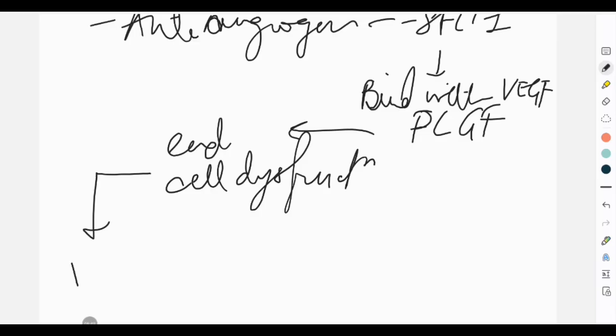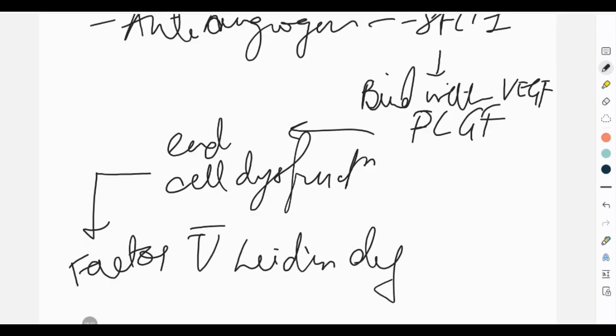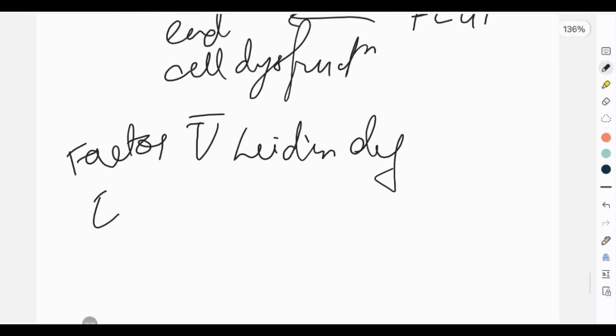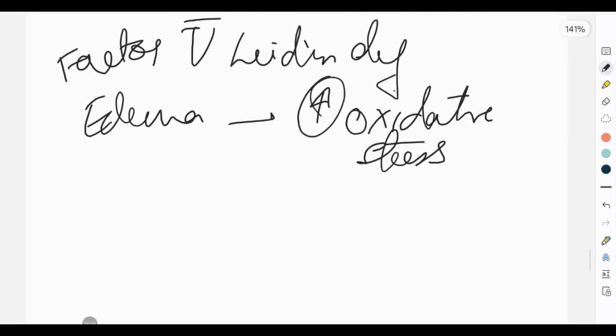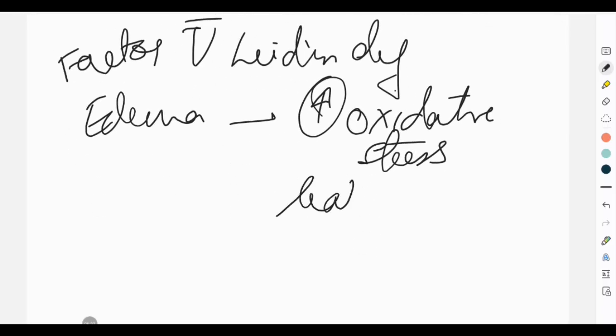Then there is also something called factor V Leiden deficiency. Then there is edema, as we already discussed. There is increased oxidative stress and there are leaky capillaries.